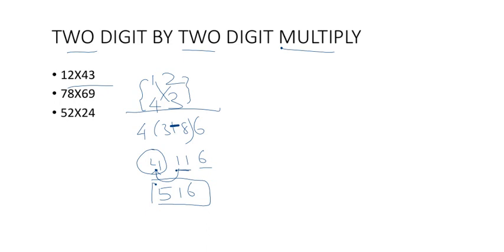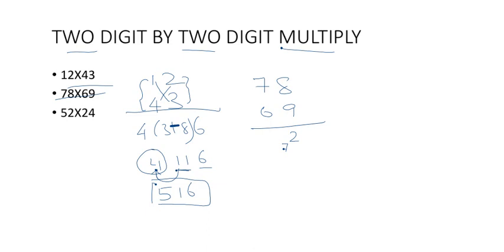Let me move over to the second problem. The second problem is 78 into 69. So the first value is 8 into 9. 8 nines are 72. So here I am putting 2, and the value 7 has to move over to the next spot and be added with the next result.